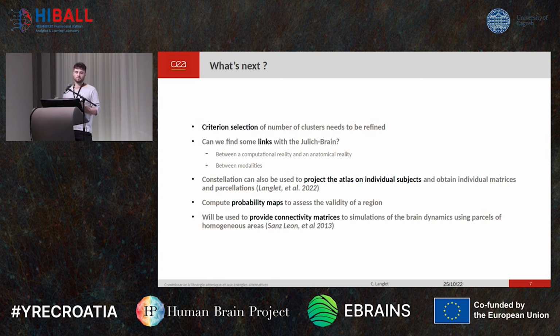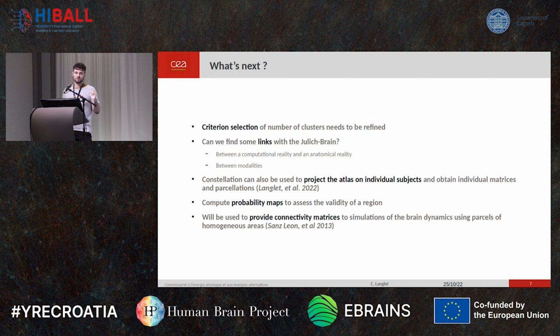So this study leads to a main question we can ask ourselves: can we find some links with the original Julich-Brain? Because we have two realities, a computational reality and an anatomical reality, and two different modalities, structural connectivity and cytoarchitectonics. So is there some link behind this?